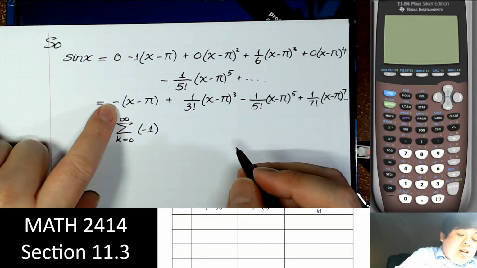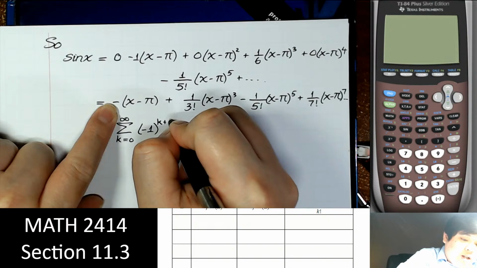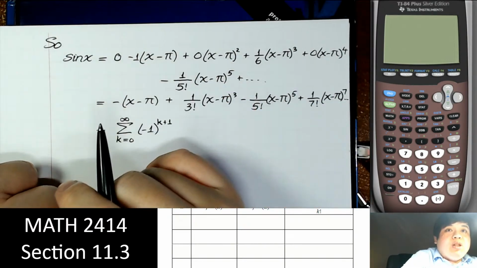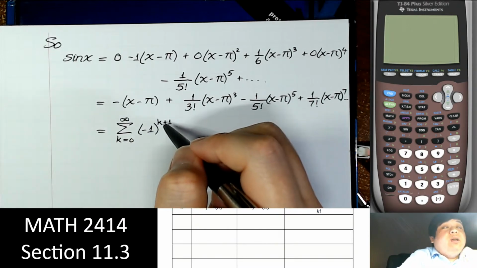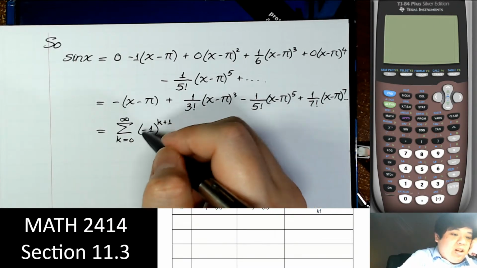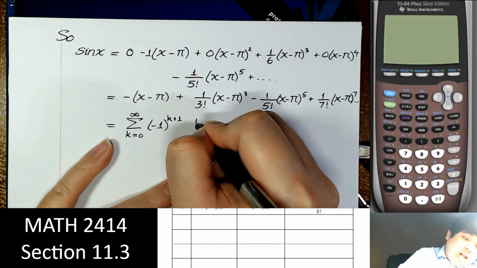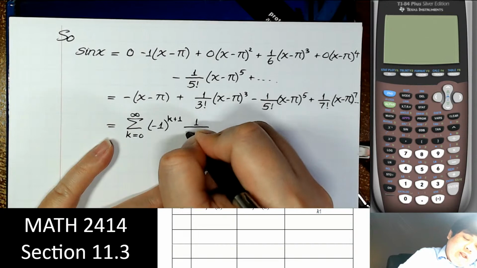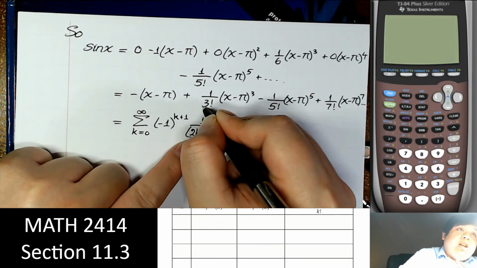the first term is negative, therefore we have to have k plus 1 to have the first one to be positive, because put 0 in here, negative 1 to the 1 power is negative, so that's what we have. The first term is negative, and then we have 1 over (2k plus 1) factorial. This gives us an odd number.